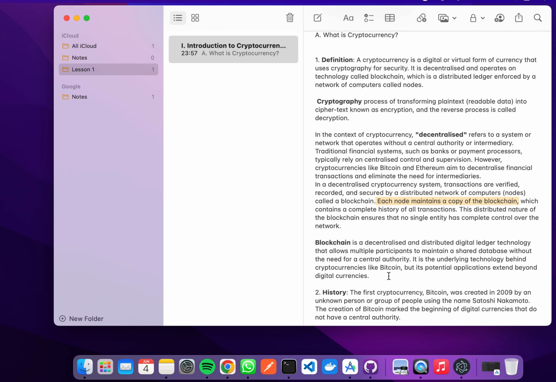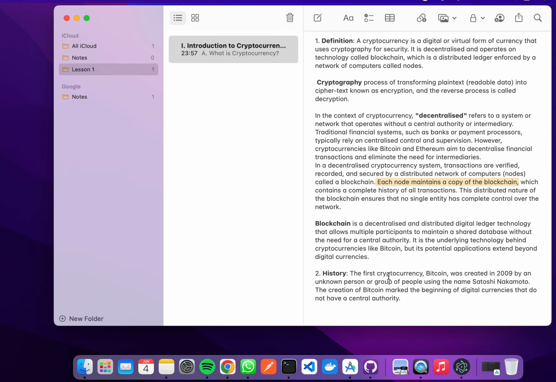It is the underlying technology behind cryptocurrencies like Bitcoin, but its potential applications extend beyond digital currencies. So the blockchain is the technology behind it, and it is not only limited to cryptocurrencies, but it can be applied in various other ways.